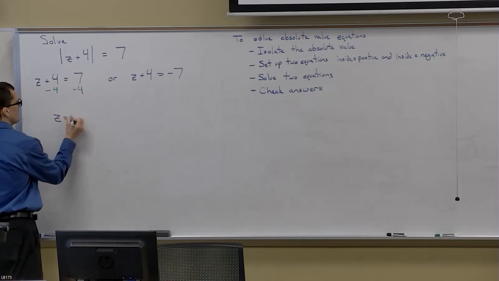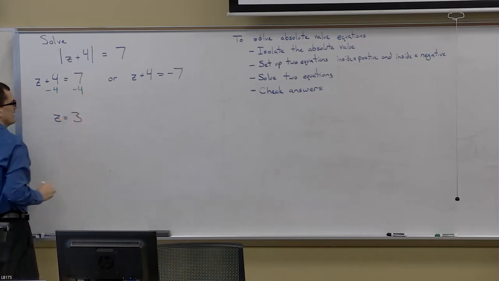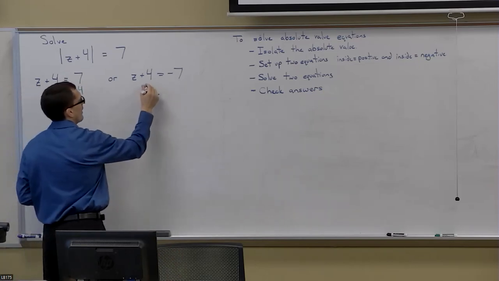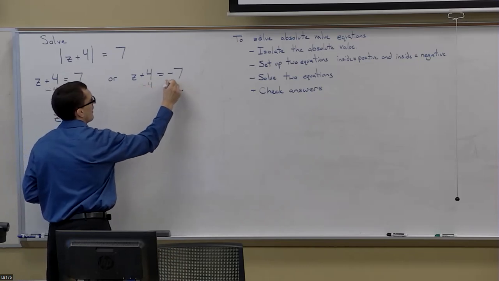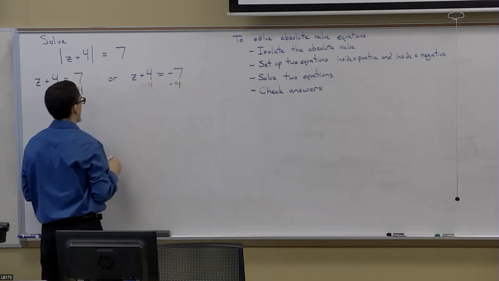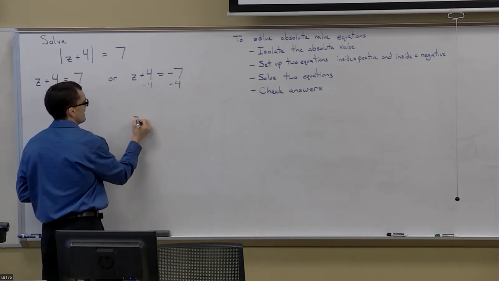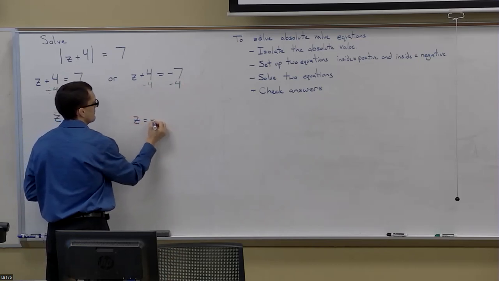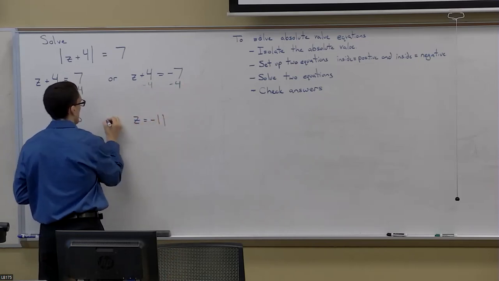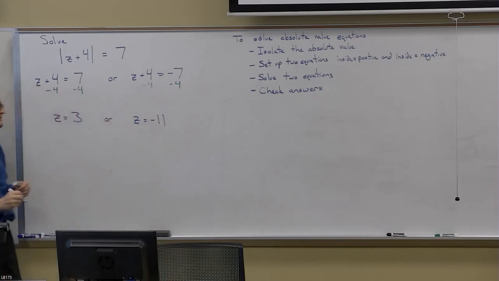Z is equal to 3 in that case, or z is equal to -11 in that case. Now in this one, again, when I say check your answer, it's going to be a real quick check.